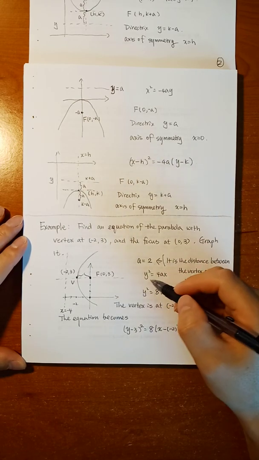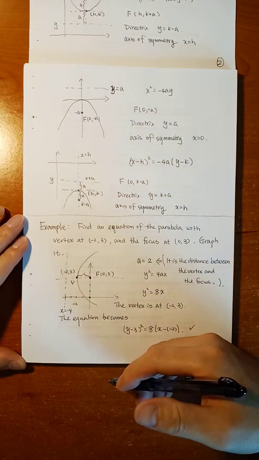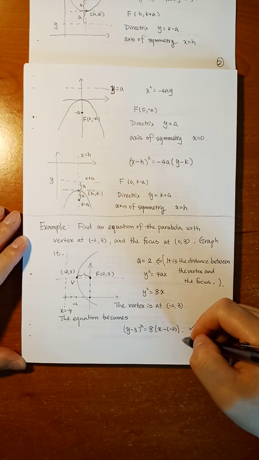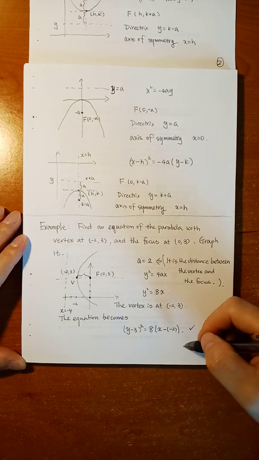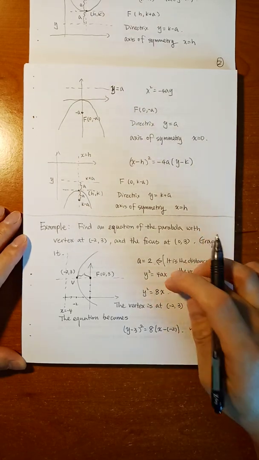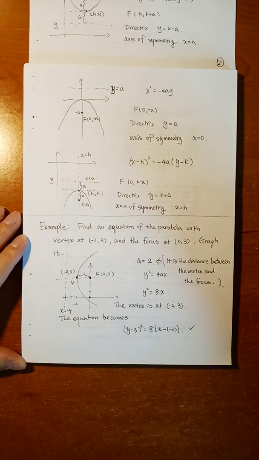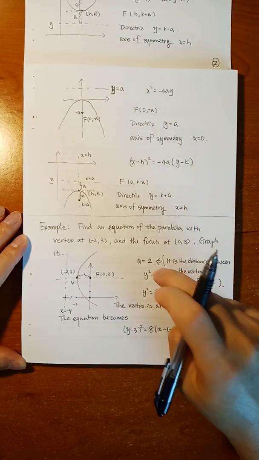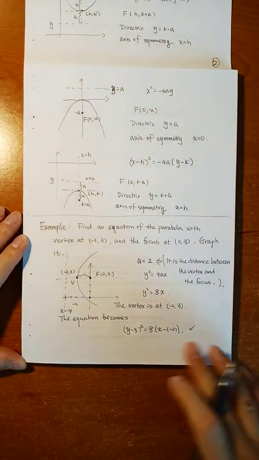You get the standard equation first and then you do the motion. You don't directly get this. This is done by the second step, by moving the standard position to the current place. So it's very important to determine A and then move it.